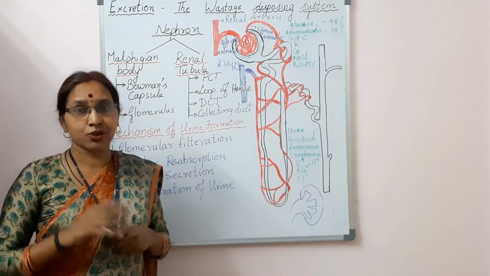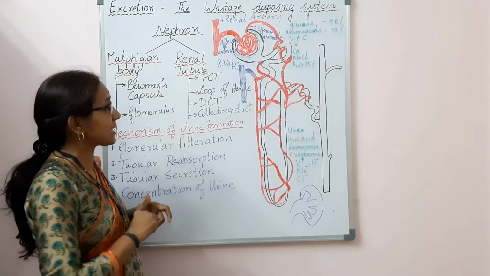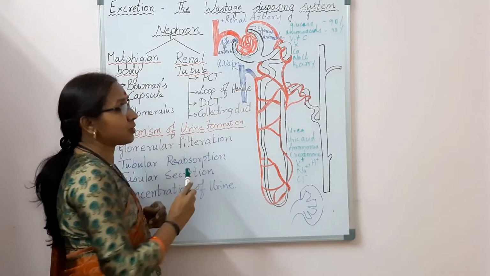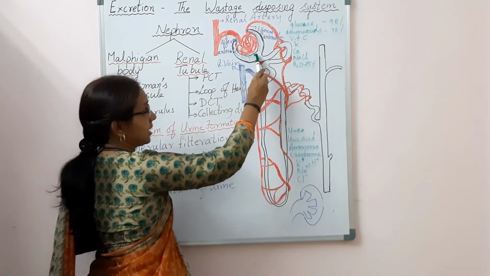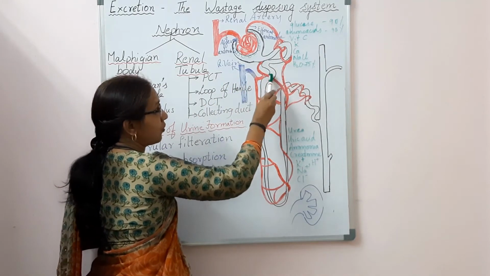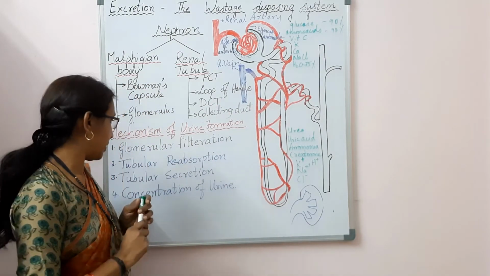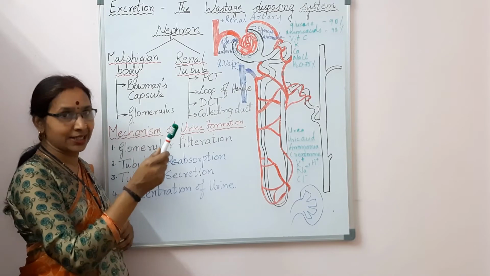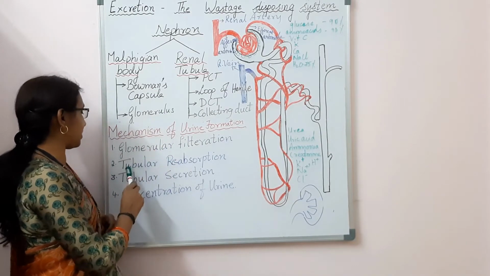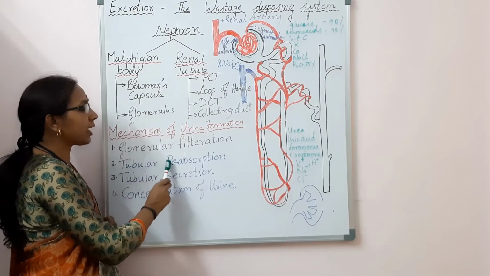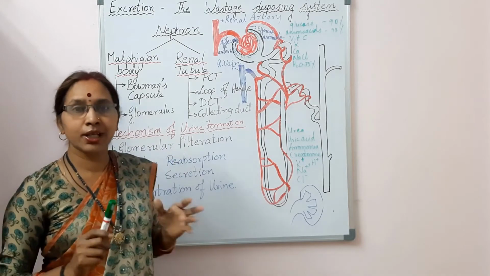What will happen? So once this primary urine enters the Bowman's capsule, it enters the proximal convoluted tubule. When it enters the proximal convoluted tubule, the second mechanism takes place, that is tubular reabsorption.